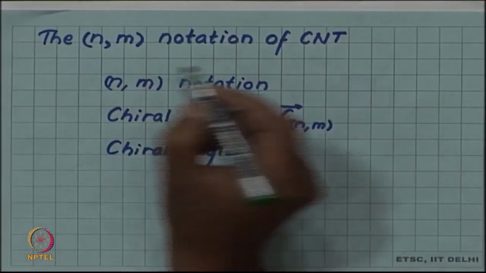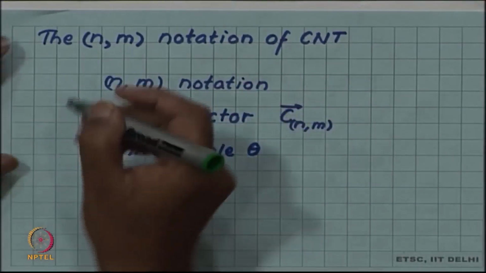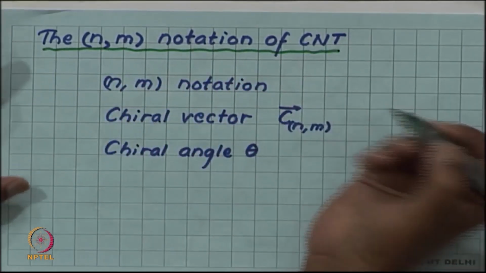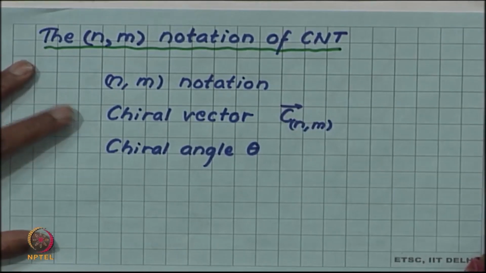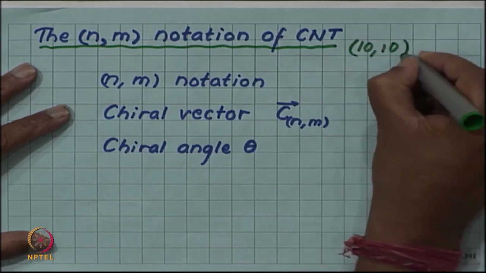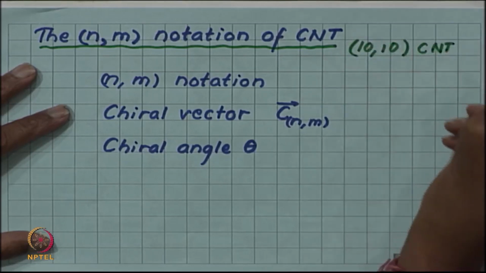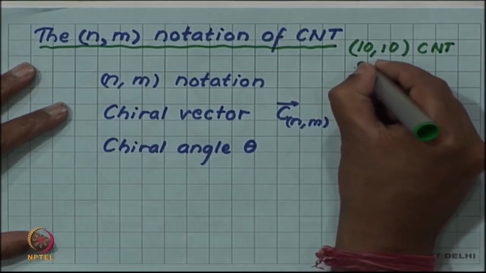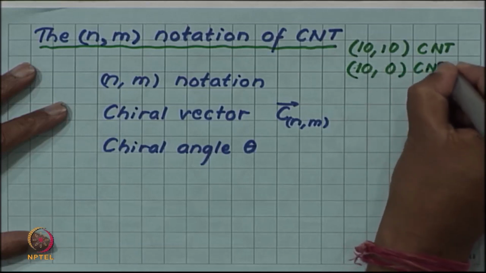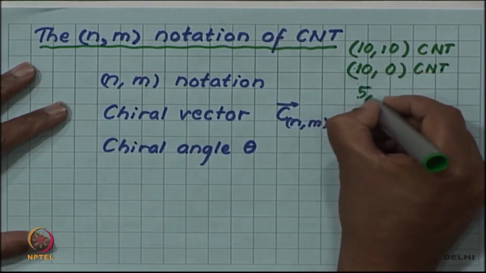So, we will look at these two tubes again in a slightly different and more mathematical way, and for that the NM notation of carbon nanotube is required. Let us look at the NM notation, because in literature you will find a 10-10 carbon nanotube, a 10-10 CNT, or a 10-0 CNT, or 5-9 CNT.